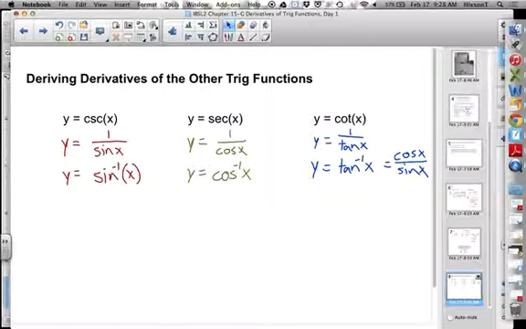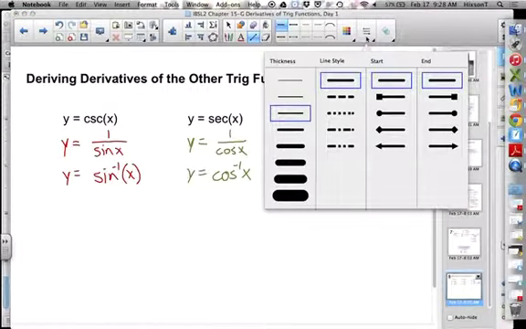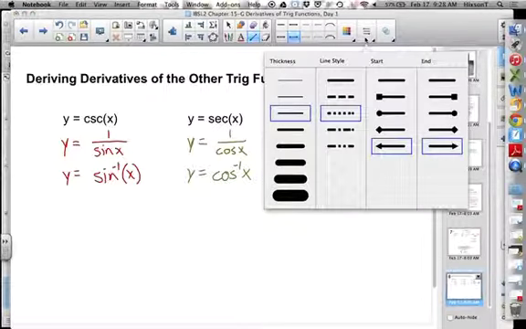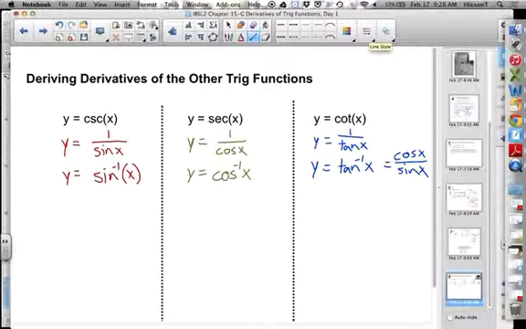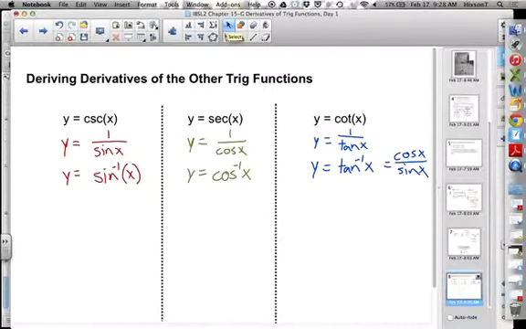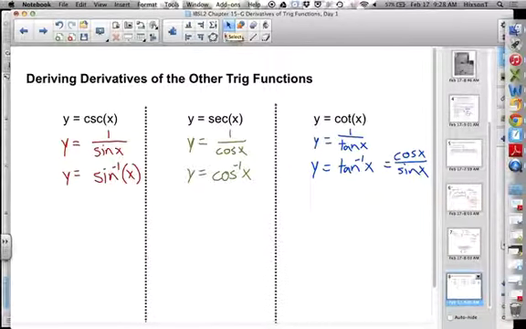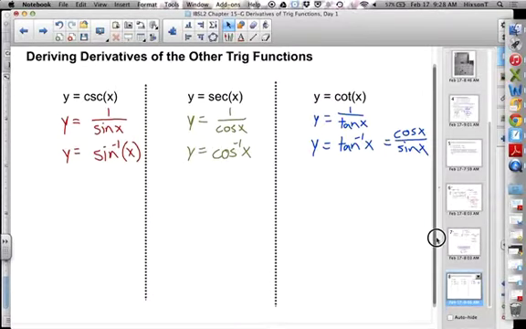What would dy dx be for our other 3 trig functions? And try to simplify it as much as you can.